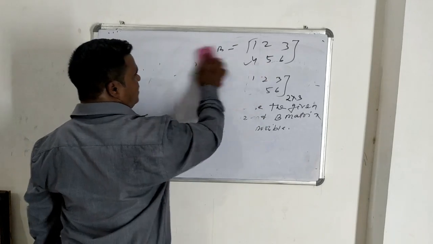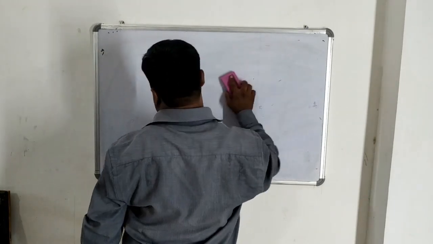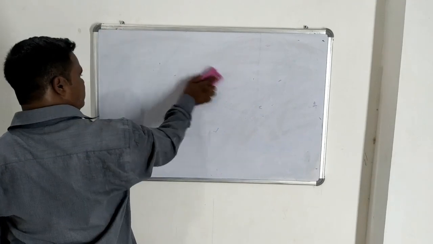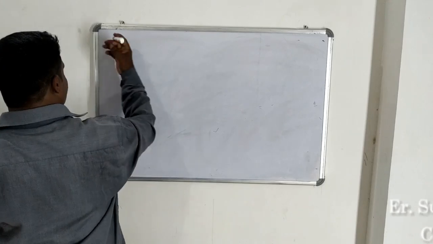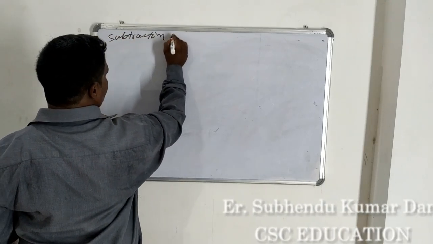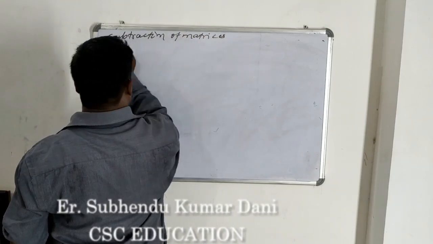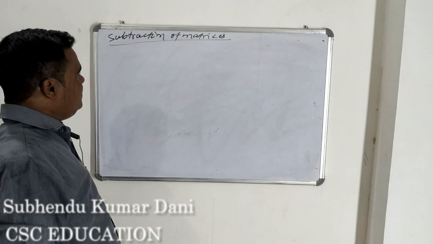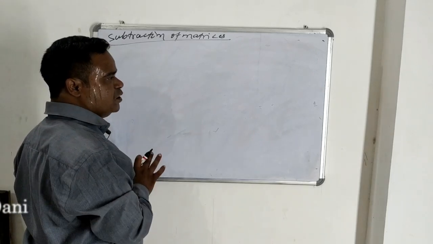Now subtraction of matrices. I will give examples. In the subtraction of matrices, if A and B are two matrices of the same order, then subtraction is possible.